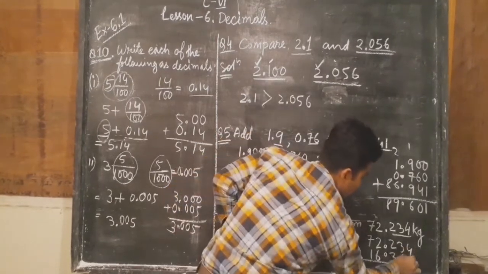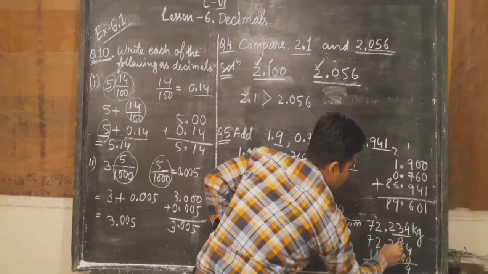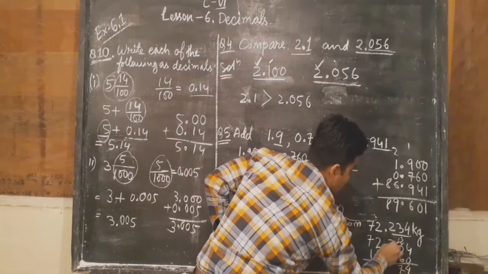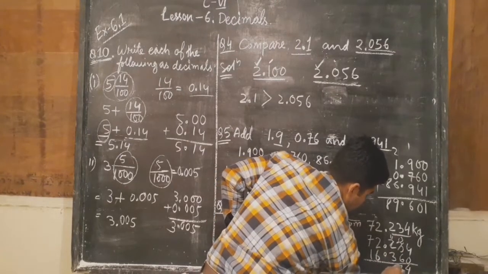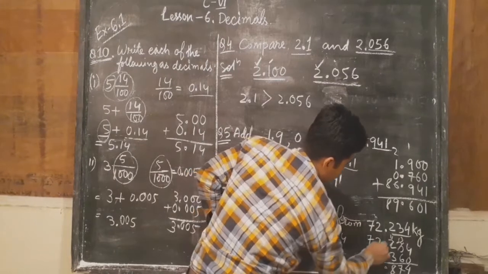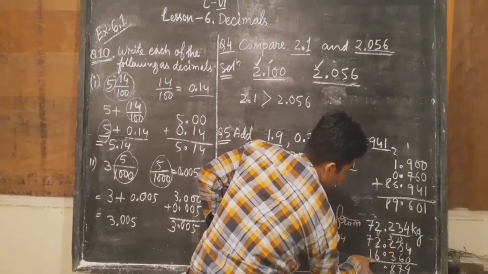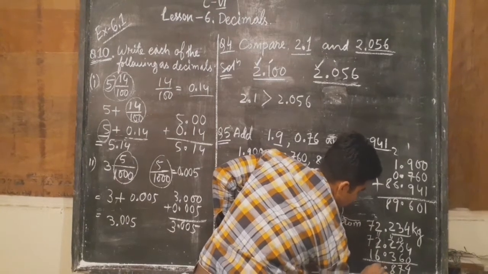Now 4 minus 0 is 4, 13 minus 6 is 7, 11 minus 3 is 8. Place a point, and then here 11 minus 6 is 5.